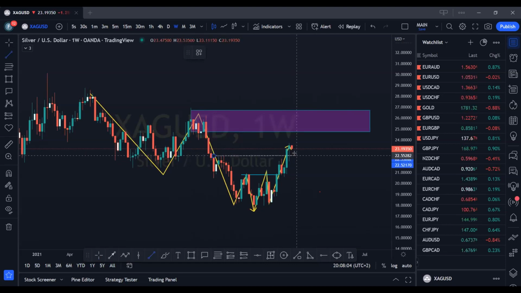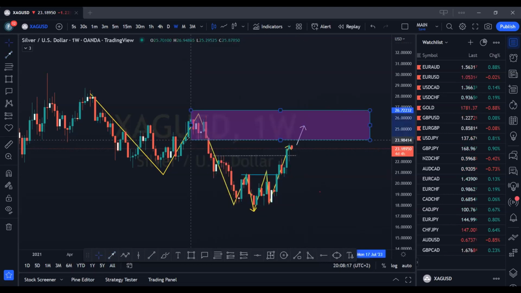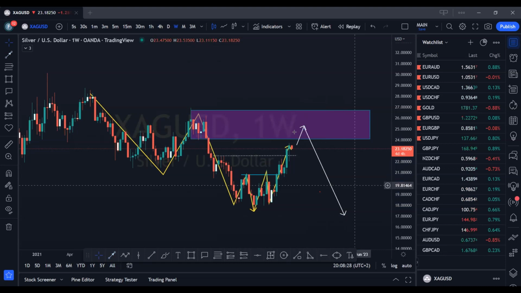So what I feel price is going to do is price should still come up into this zone a bit. All right, so we can take entirely the zone. So once price gets into the zone, that is when you start looking for opportunity to sell silver, like so.